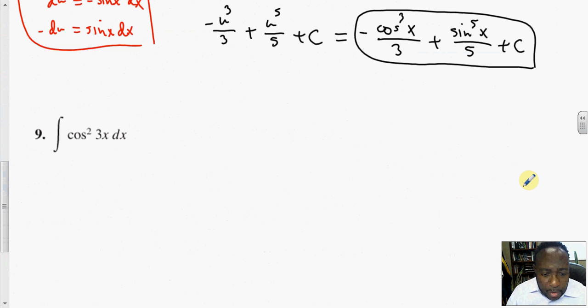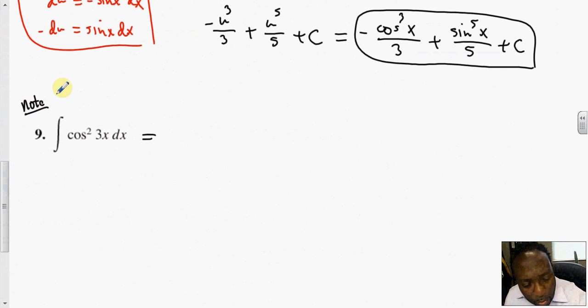Let's look at this number 9. It's only one term here, and it's even, so we're going to use the fact that cosine squared x is equal to 1 plus cosine 2x all over 2.